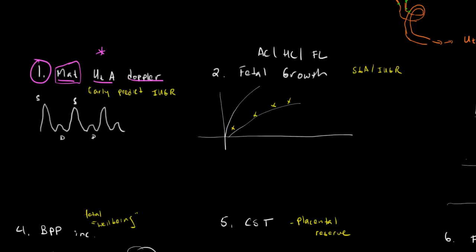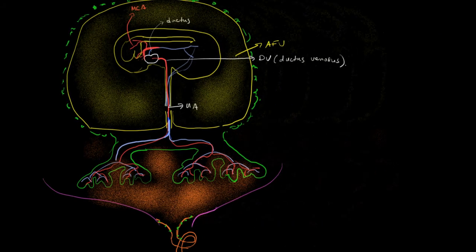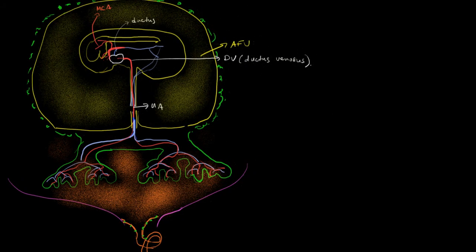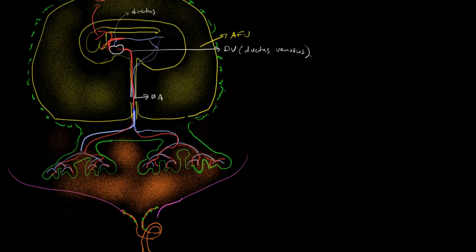So to go back to our diagram, if we look here, you can see there's clearly two circulations. There's the fetus with his or her circulation, and then the mother supplies blood to the space around the villi that's shown with the stippled orange, the so-called intervillous space.